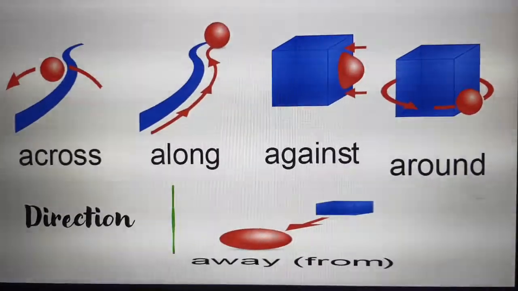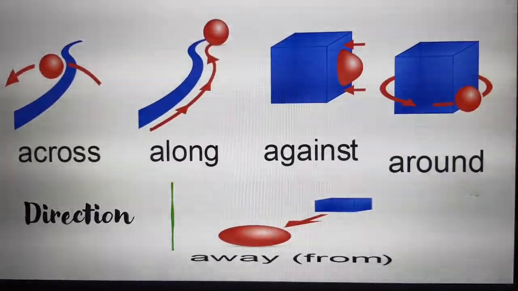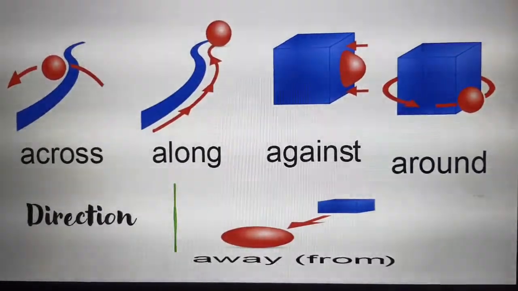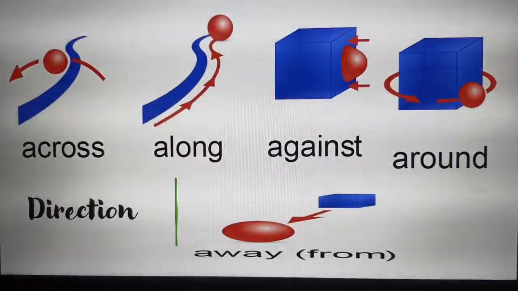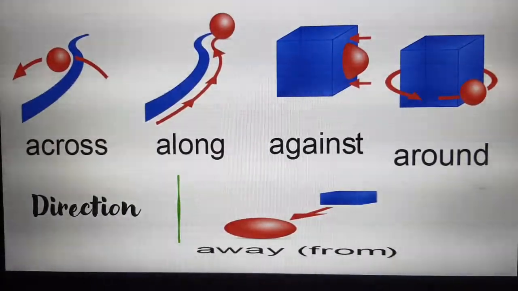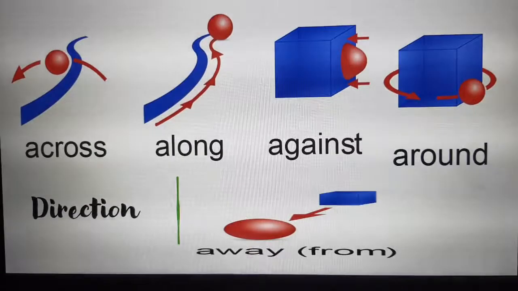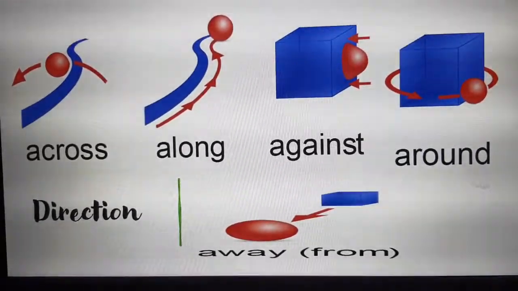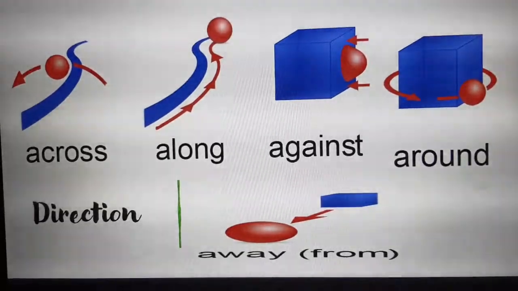So here you can see across. From one side of the blue road to the other side. So you can see the red ball is across. Okay, here. Along, so along the way only, okay, you can see the blue box, the red ball is there, right? So along the road. Against, around, and away from.